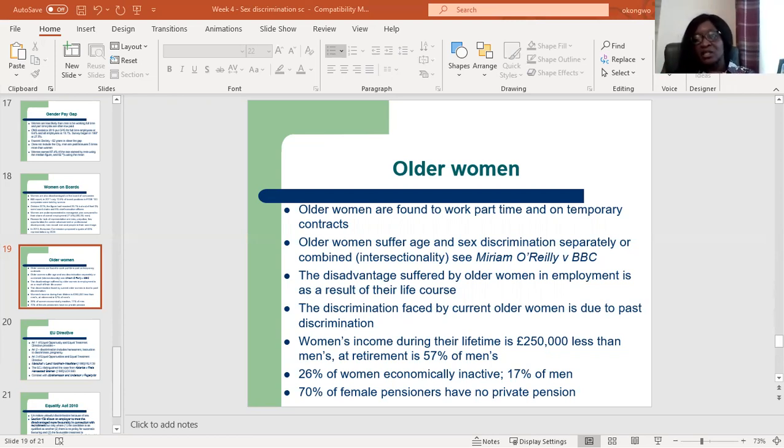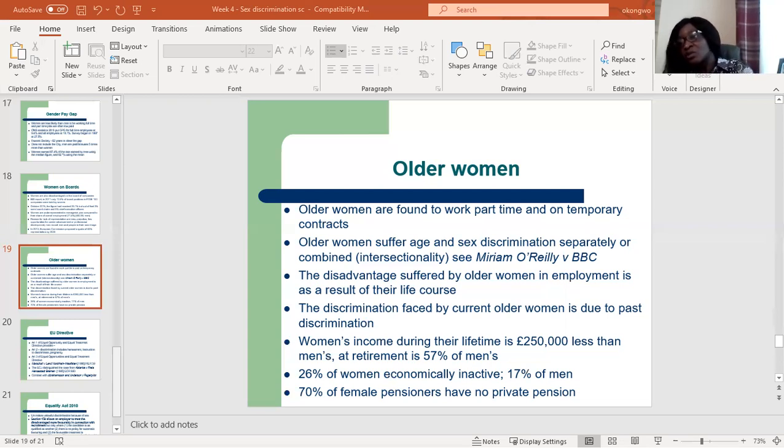The disadvantage suffered by older women in employment is a result of their life course. They were excluded from the labor market. Some of them were having children, some were caring for their children, some were also caring for their older relatives. Because they do all this caring, looking after the family, they also work part-time, and by doing that they make fewer contributions into their pension.